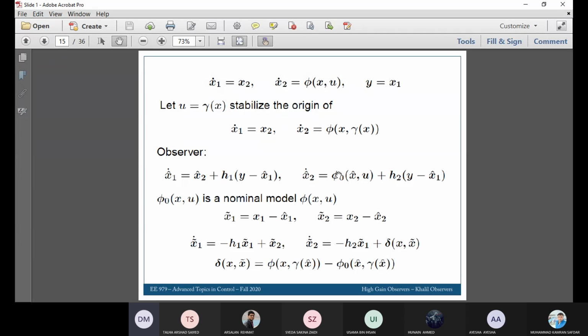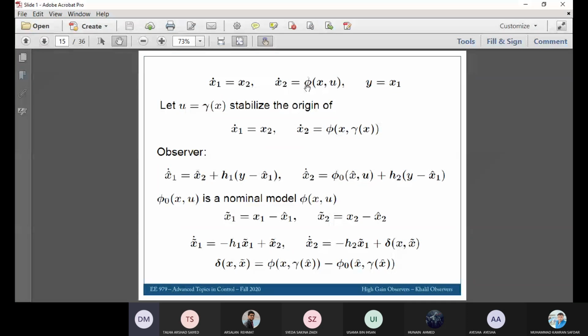And we'll see how, starting with the book value or the datasheet value or the nominal model, we would start designing the observer with the nominal model, and we will see in the later stages how this value in the observer would not matter much, even if there are some parametric variations, how the gains which are chosen here would ensure that the changes in parameters or any difference between phi and phi naught do not really matter much.